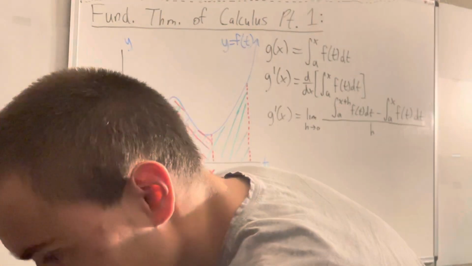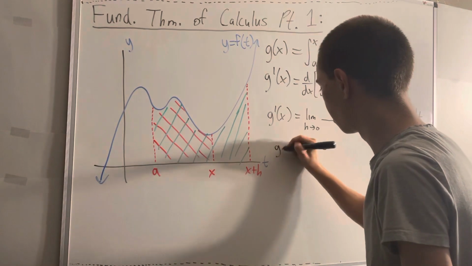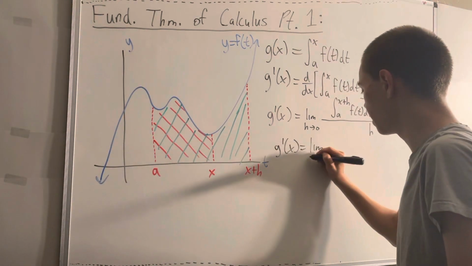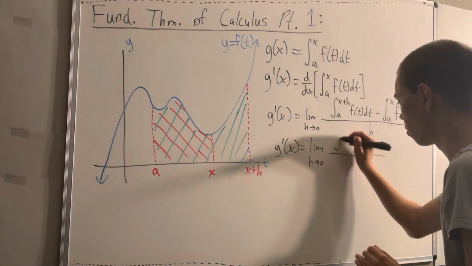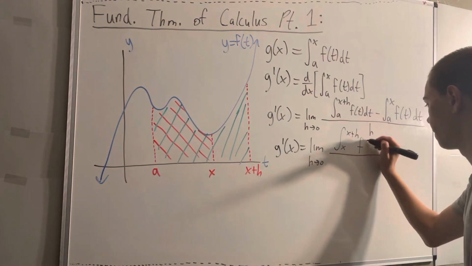And so that's really what we're going to get. We can just rewrite g prime of x as the limit as h approaches 0 of the integral from x to x plus h of f of t dt.